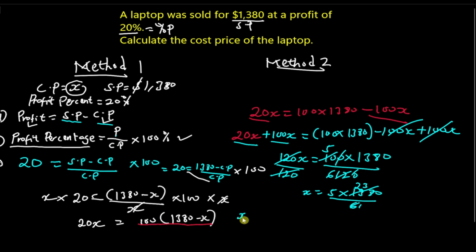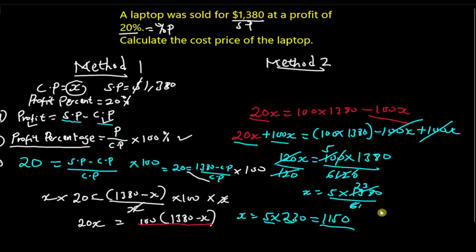Now we have x equal to 5 times 230. So 5 times 23 is 115, then we add the 0 to it. This x was the cost price.